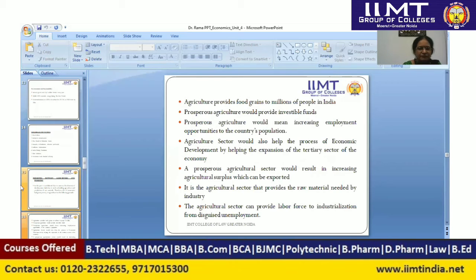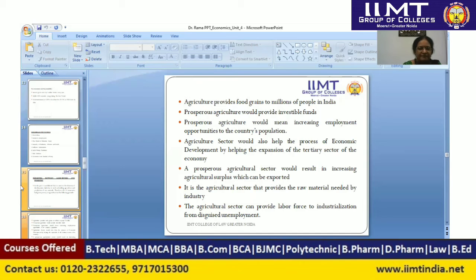Prosperous agriculture would mean increasing employment opportunities for the country's population. An agriculture sector would also help the process of economic development by helping the extension of the tertiary sector of the economy. A prosperous agriculture sector would result in increasing agricultural surplus which can be exported.